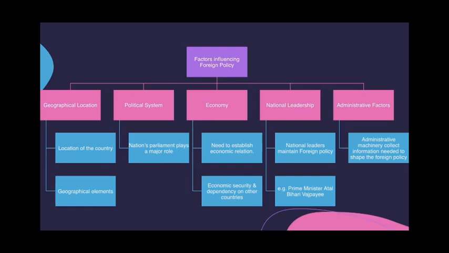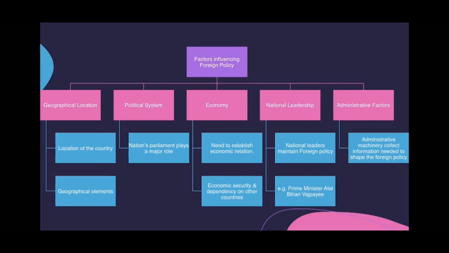The second factor influencing foreign policy is political system. Nation's parliament plays a major role. How? When different aspects come up for discussion in parliament, both the party that is governing and the opposition party try to regulate foreign policy by raising questions about the same.